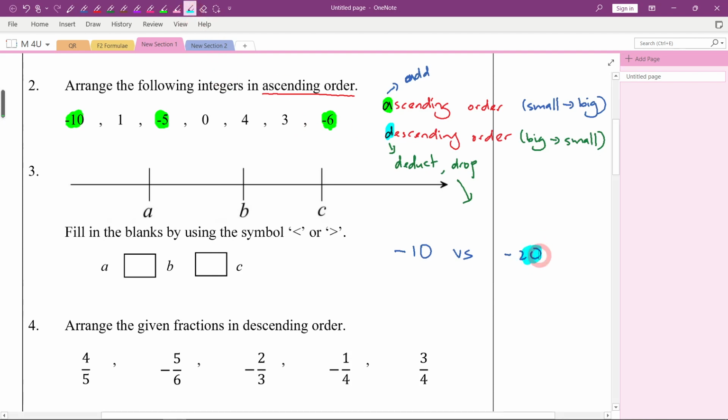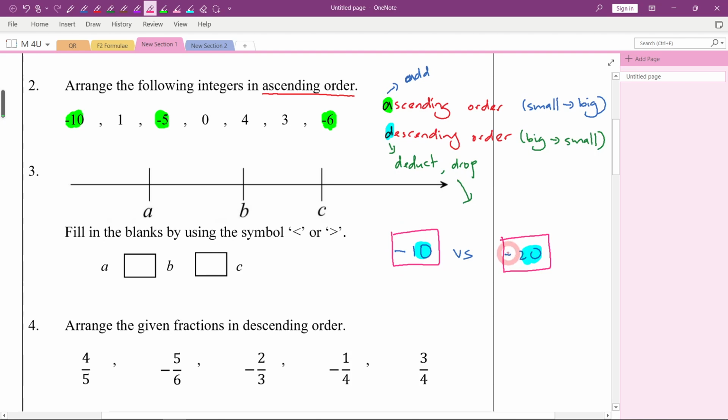Now we just ignore the negative sign and just look at the number. 20 is bigger than 10. But when we look at its value together with the negative sign, this is actually smaller and this is bigger. This is what I meant: the larger the number, the smaller the value it is.